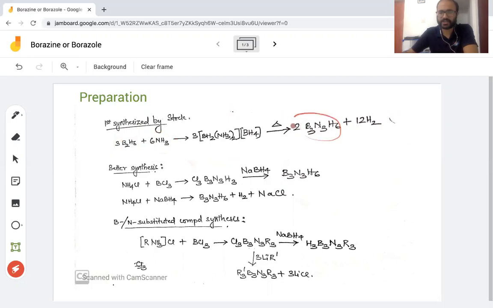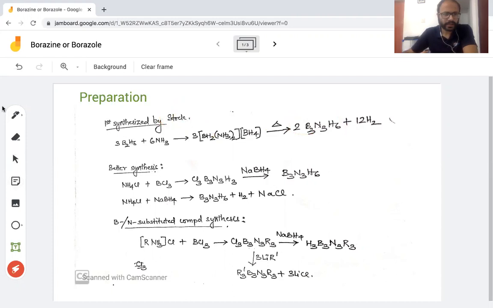This was the primitive synthesis of Borazine, given by the scientist Alfred Stock. He was the pioneer who developed borane chemistry, as I told you before. So he first gave the preparation of Borazine.